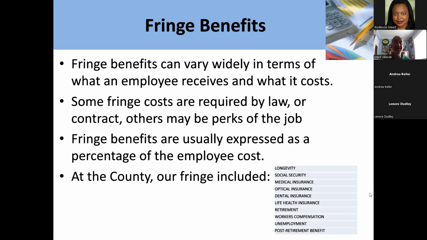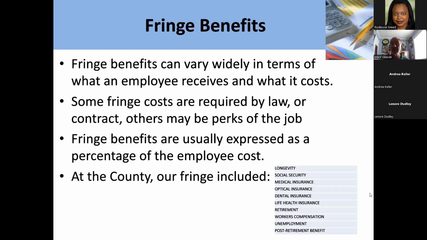The fringes can include things that are required by law. So for example, we have to contribute to Social Security. We have to pay workmen's compensation cost, unemployment benefit cost. But then depending upon the different bargaining units at our employer, we also had medical insurance costs, optical insurance, dental insurance, life insurance.